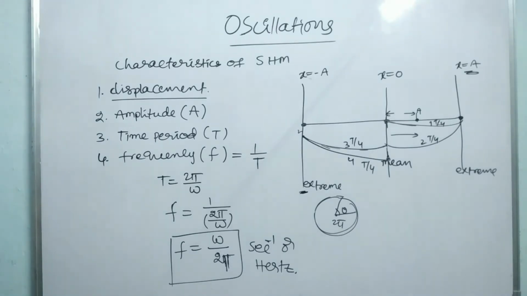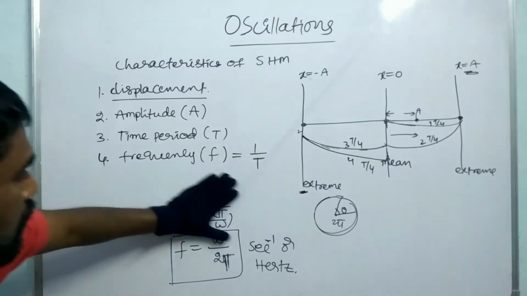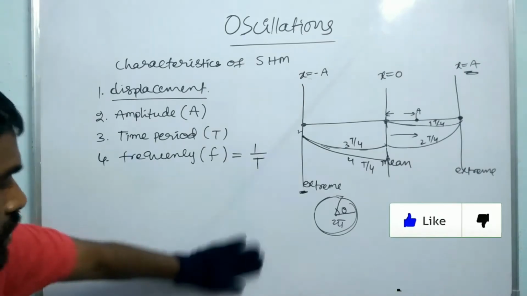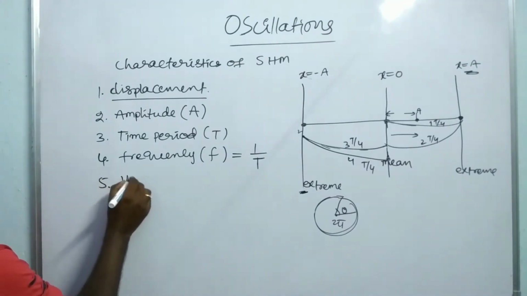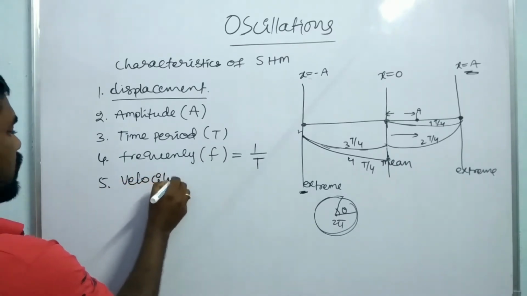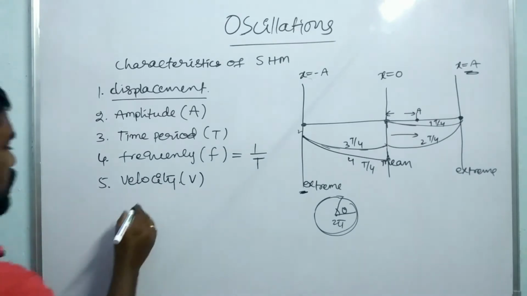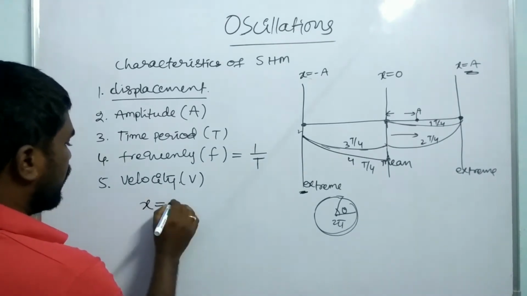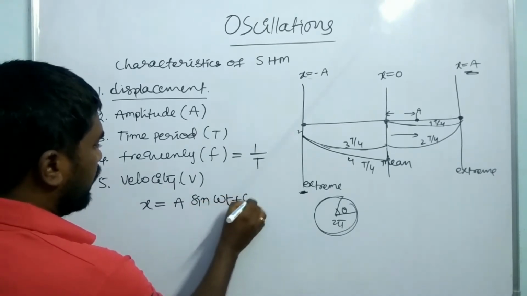And now let us see the velocity of the particle which is in simple harmonic motion. Velocity is the fifth characteristic. So how can we define the velocity of the particle? The displacement of the particle x is equal to A sin(omega t plus phi).